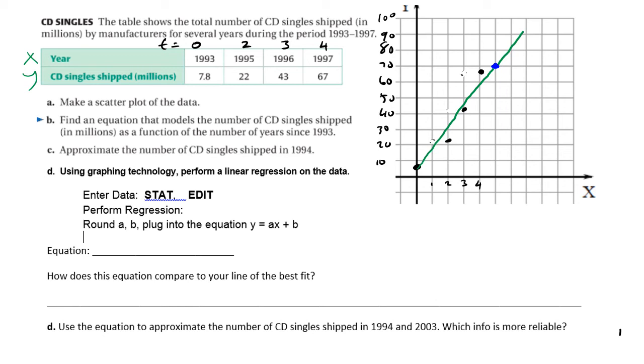Slope from 7.8 was my y-intercept. It looks like that's also not a pretty point. Let's just use this point in here because we're just doing approximation.